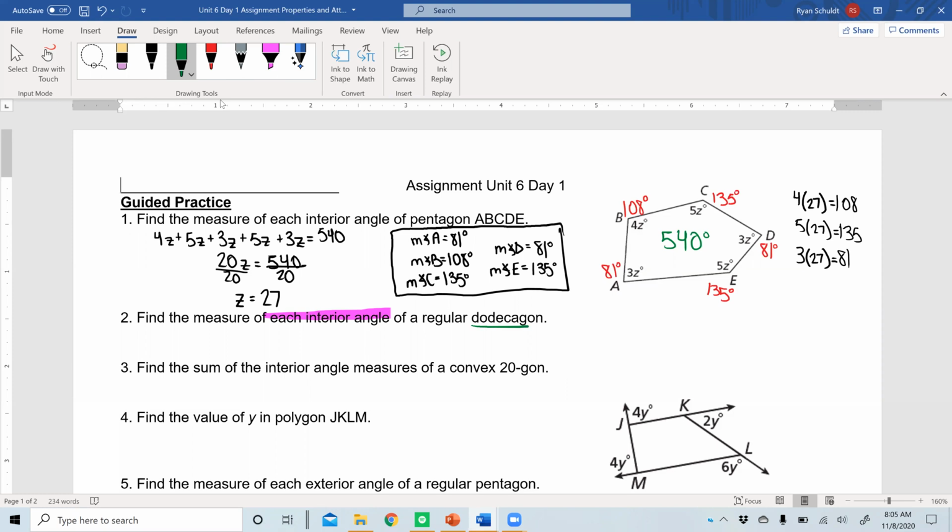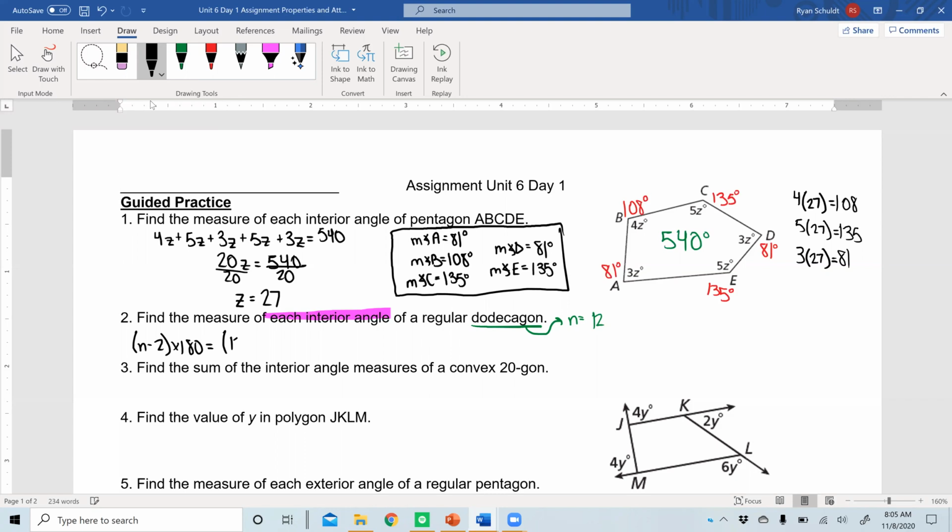How many sides are in a dodecagon? 12. Well, first let's do the total and then we can find each angle. I want interior. So for interior, remember that's n minus 2 times 180.